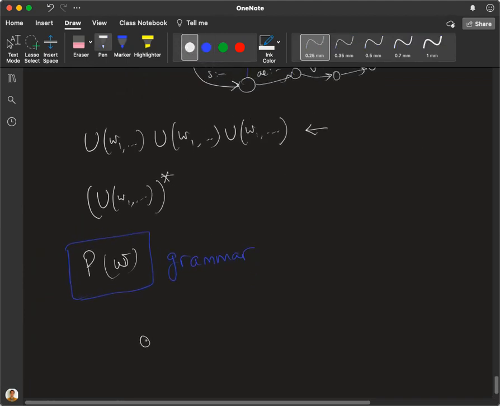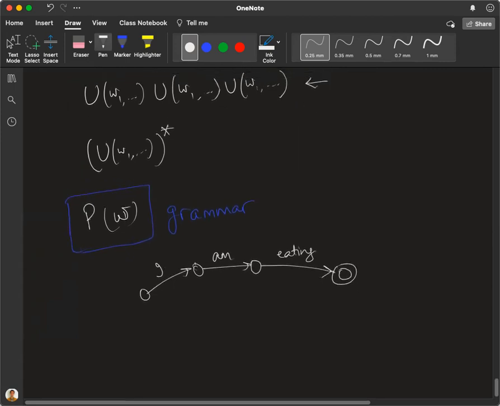Let's say I say I am eating. I can also say I or they are eating.